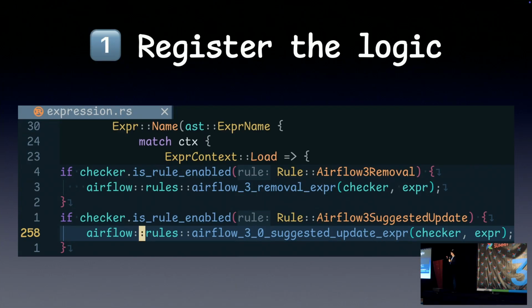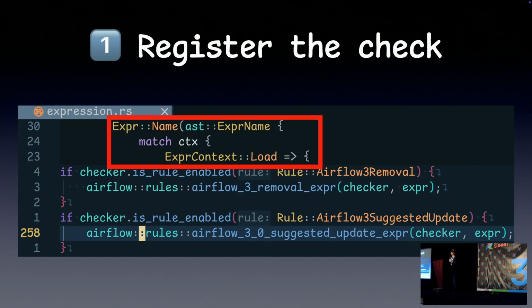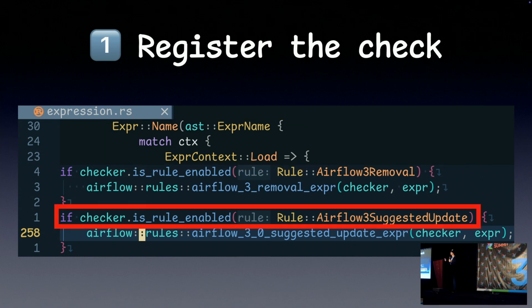First we register the logic here. In this expression.rs, we check whether this expression is a Name and whether we are trying to load something. Then we go through all the rule-enabled checks and come here. This rule, Airflow 3 suggested update, is basically AIR311, which is the airflow.decorators to SDK thing.